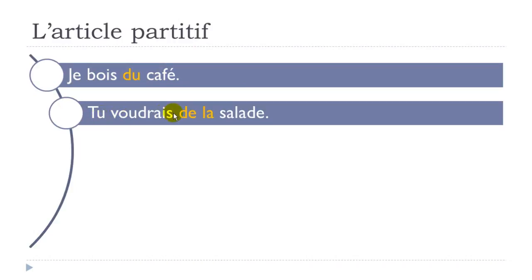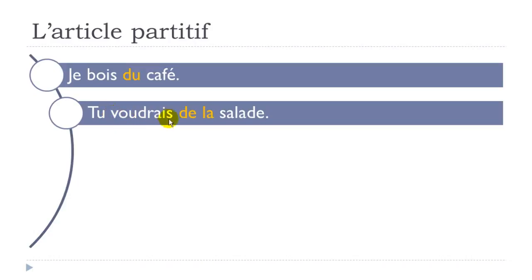Tu voudrais. So I wanted to introduce this voudrais form. It's coming from vouloir. Vouloir is to want. But then it's not the present form here, it's the conditionnel form. It's the polite form that normally we should use. You don't say tu veux, you want, because it is too strong and too direct.